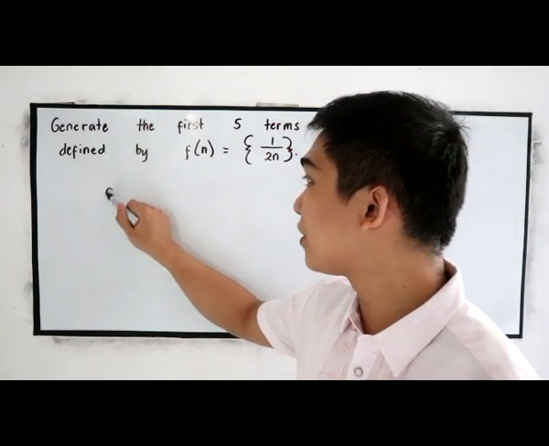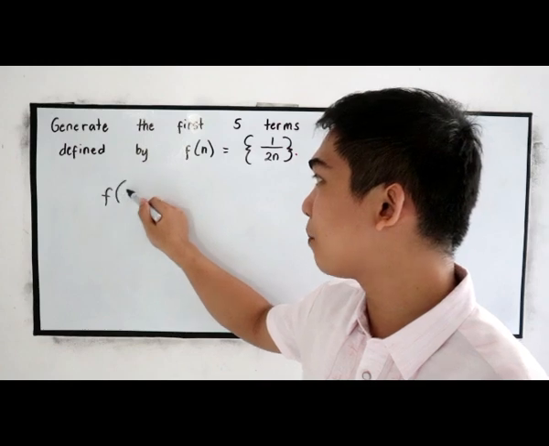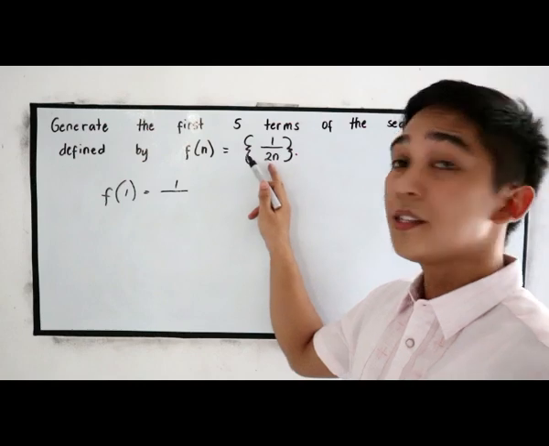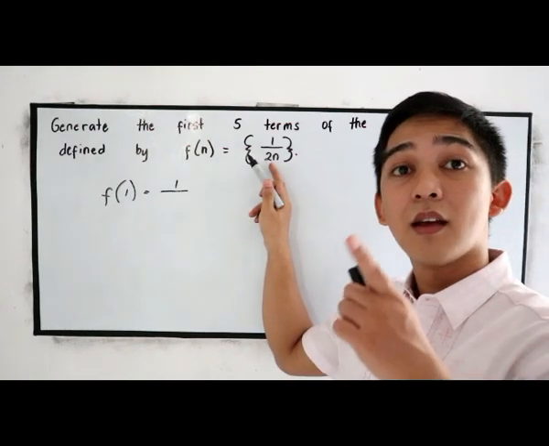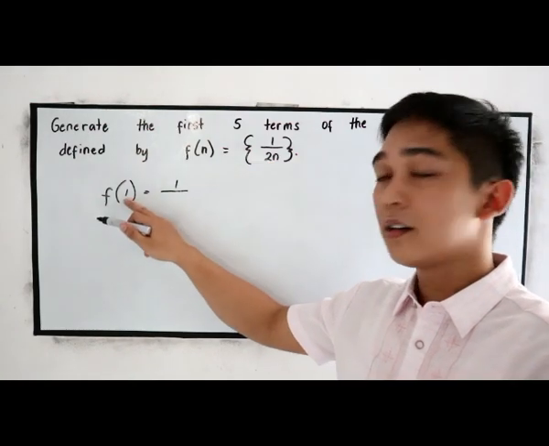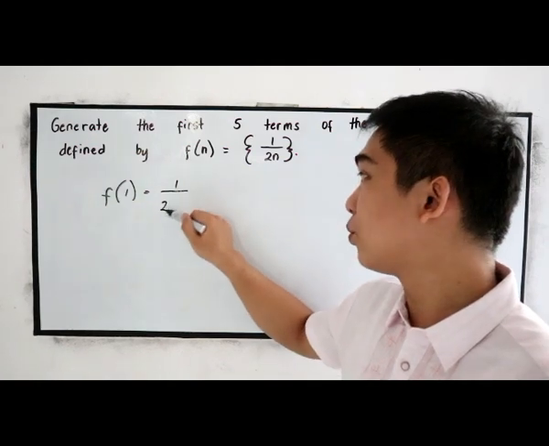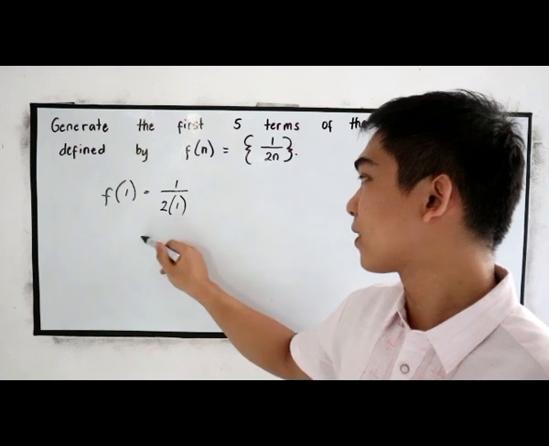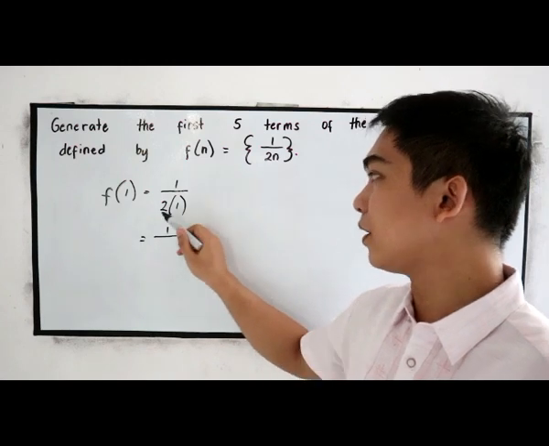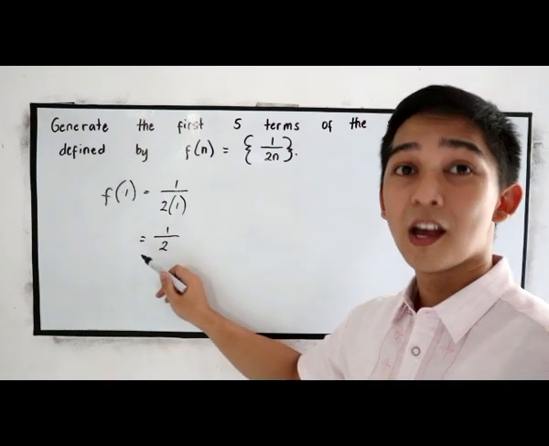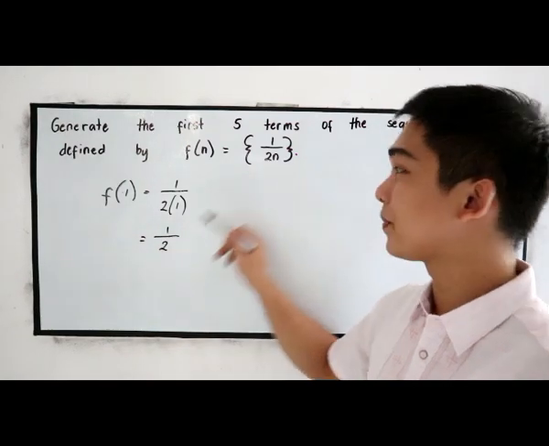The first term, f sub 1, is equal to 1 over, just substitute n with our value of n, in this case, 1. So 1 over 2 times 1, which is 1 over 2. This will be our f1, or the first term.